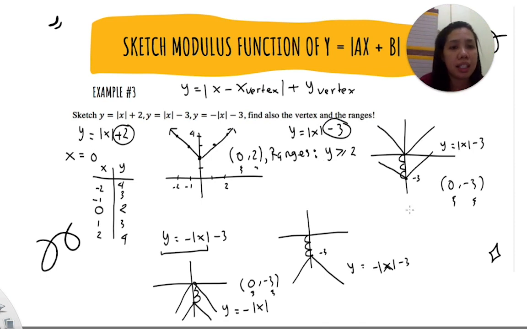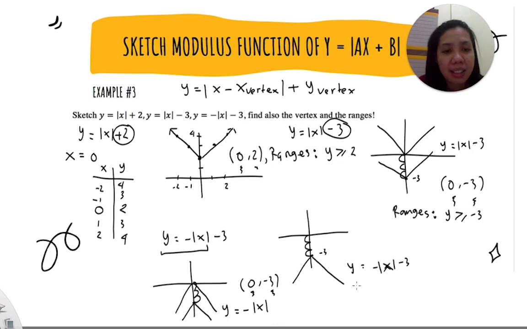And for the second example here, the y coordinate of this function is minus 3, and the sign in front of the absolute is positive, so the range will be y more than or equal to minus 3.